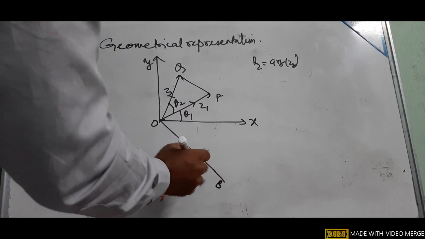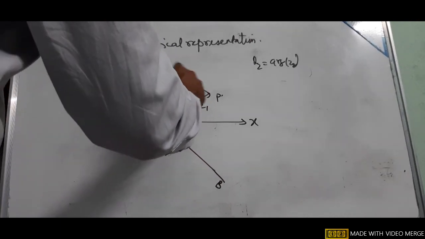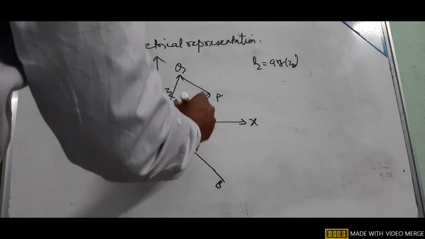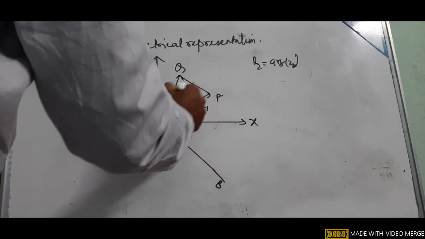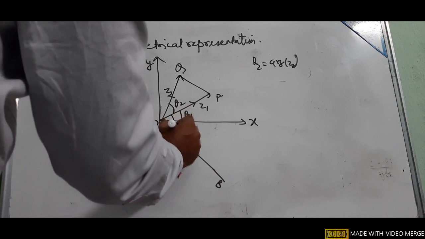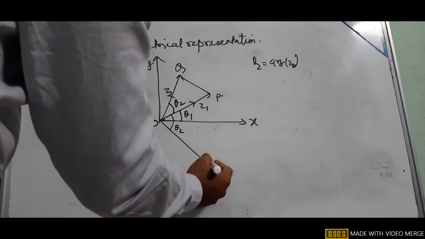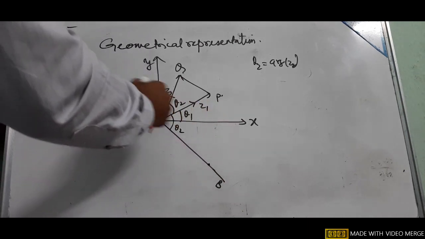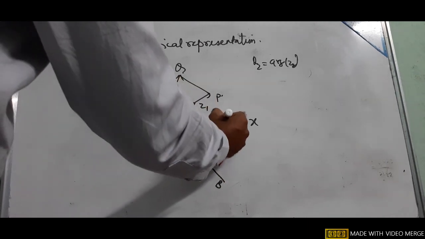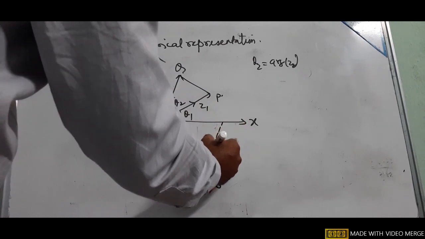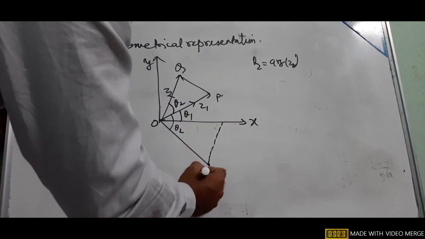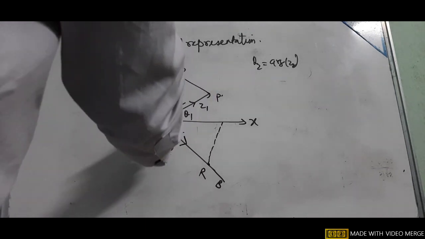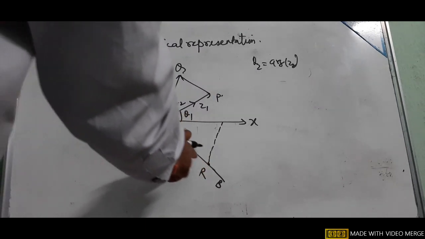If you are rotating clockwise, then its new position is OB, such that angle POB is equal to theta 2. Let us take this point, and cut it at the same length. So if we join from this to this, this is our R. So this becomes the length z1.